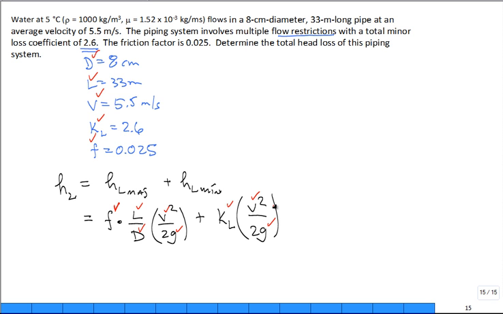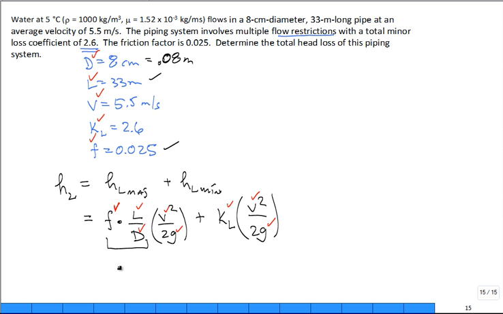So go ahead and calculate all of the loss coefficients. If I do the f L over D, the friction factor 0.025, length 33 meters, diameter 0.08 meters to get the right units there.